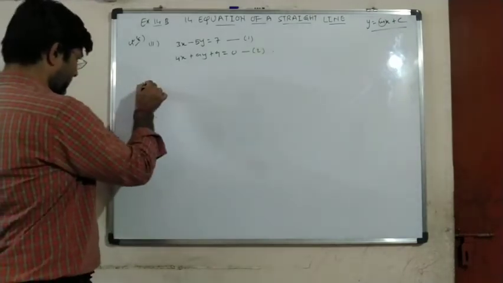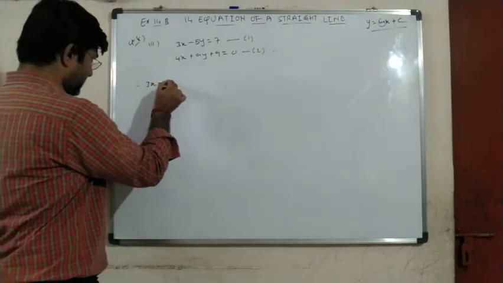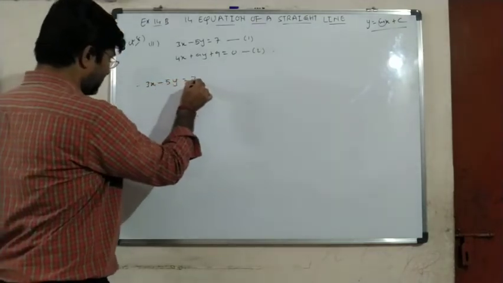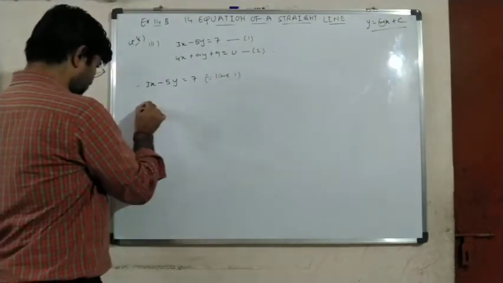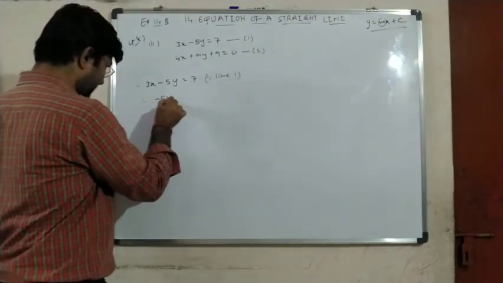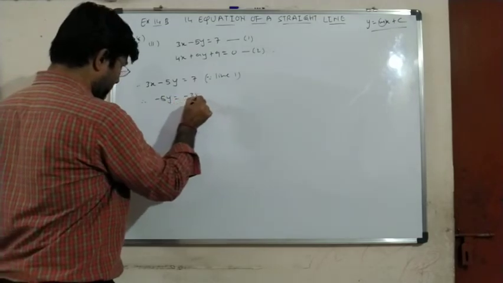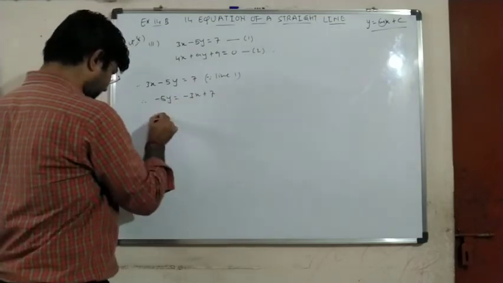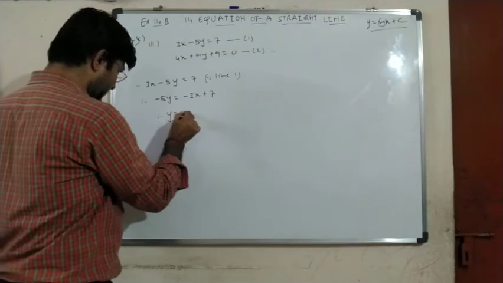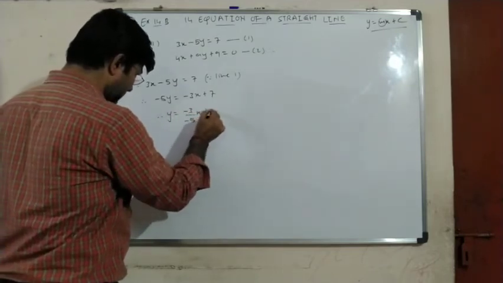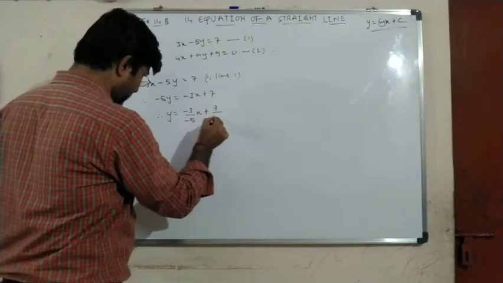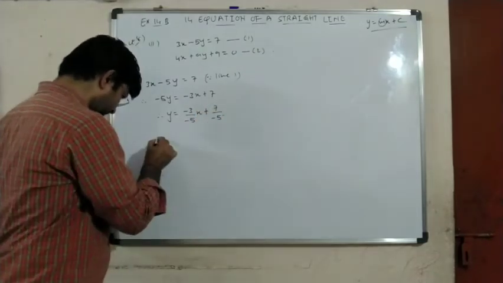Let us take the first line. We have 3x minus 5y is equal to 7. This is line 1. Minus 5y is equal to minus 3x plus 7. Therefore y is equal to minus 3 upon minus 5 into x plus 7 upon minus 5.